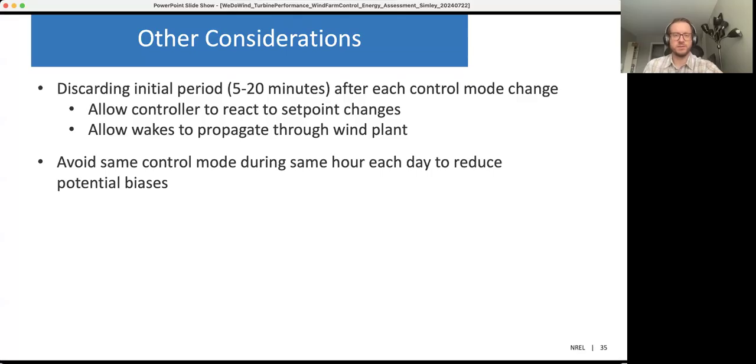And so that could create some potential biases if we're sampling the same hours each day in the same control mode, just because the atmospheric conditions can be heavily dependent on the time of day. So maybe we're sampling too many stable atmospheric conditions with baseline control, or something like that.